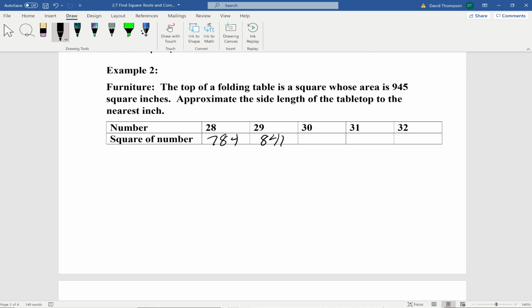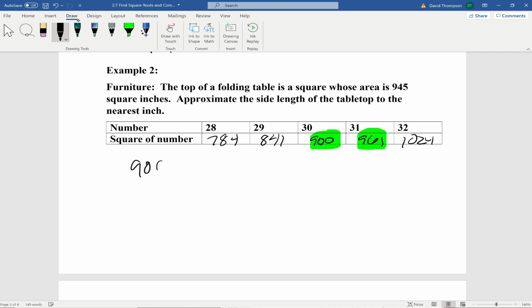30 squared is 900. So that's even closer to 945. 31 squared is 961. And 32 squared is 1024. So we take a look, 945 is somewhere between 900 and 961.